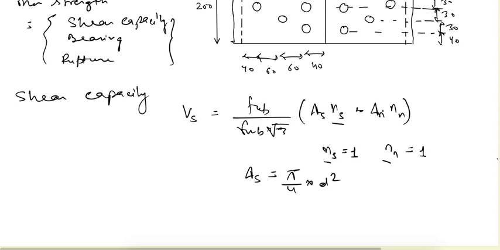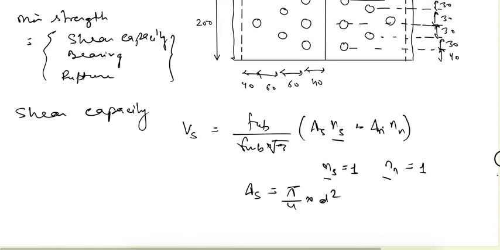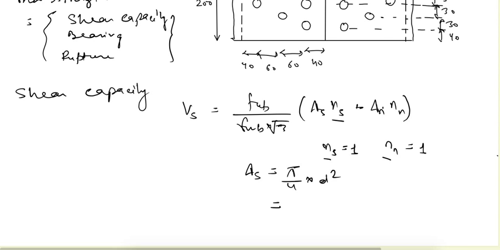square. So here also the same things are given about the bolts, that is M20 and grade 4.6, and the plate is Fe 415, so fy would be 250. So M20, dia would be 20 mm, so As is equal to pi by 4 into 20 square and An is equal to 0.78 into pi by 4 into 20 square.